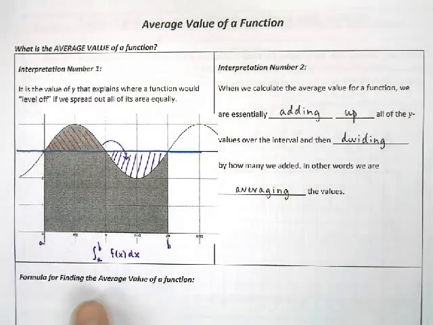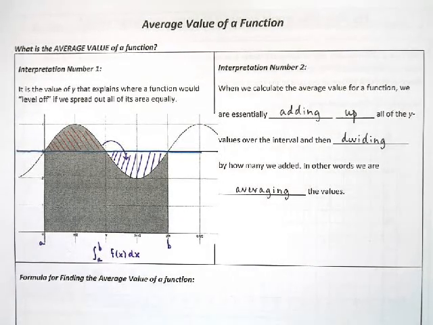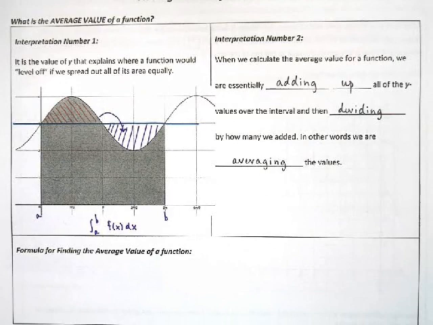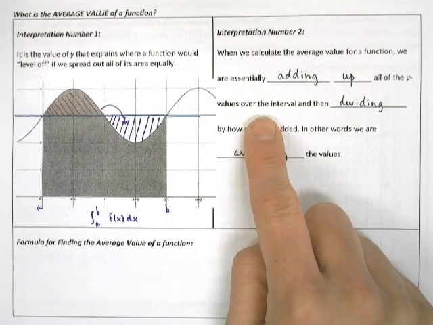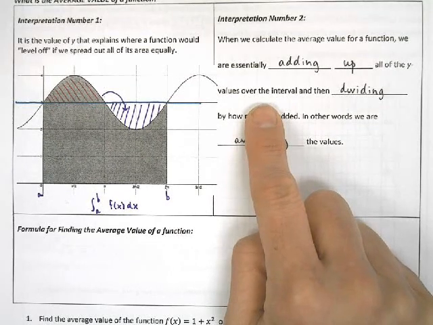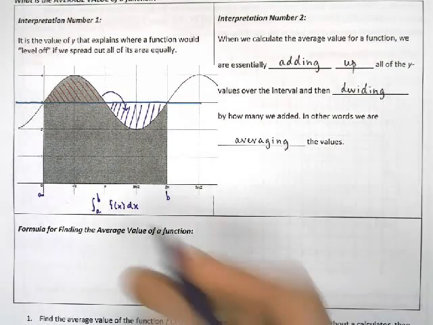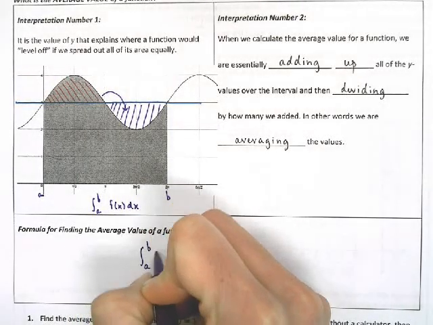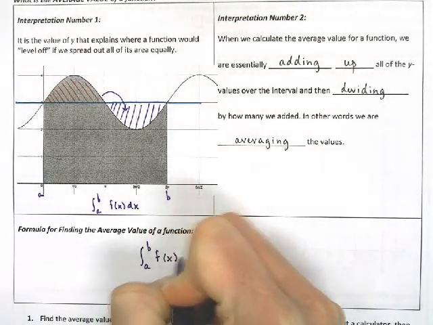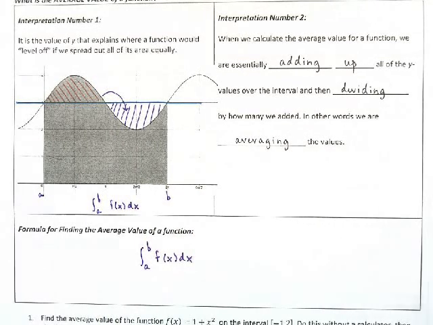Now, the formula for finding the average value of a function: we said we were adding up all of the y values. Well, I know a way to add things up is to integrate, so I'm going to take the integral from a to b of f of x dx.